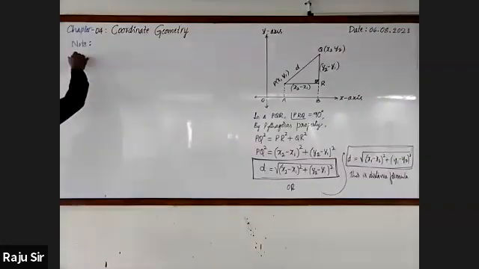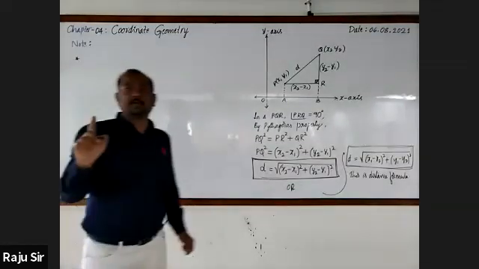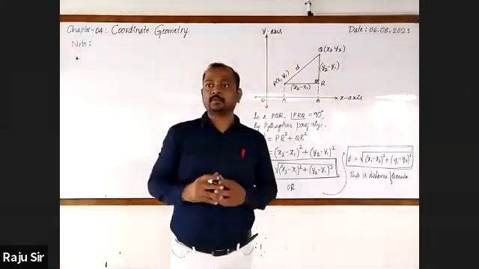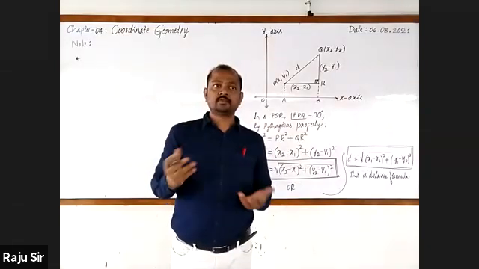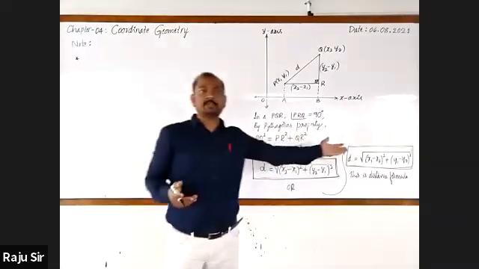Then could you tell me the distance of the point P of x comma y from the origin? It is the square root of x square plus y square.